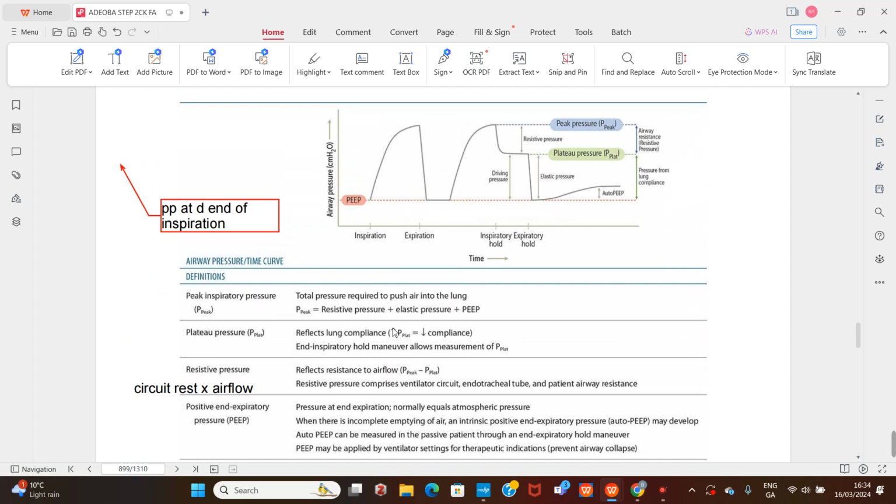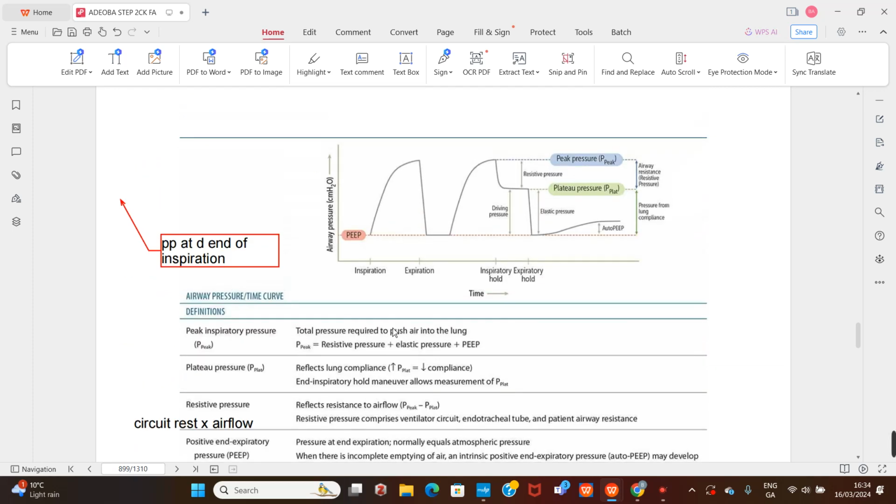So volume control. Before we get to that, this is a curve showing the pressure within the airway and the phase of breathing. Now, we remember that the mechanical ventilator connected to an individual is more like a closed circuit.